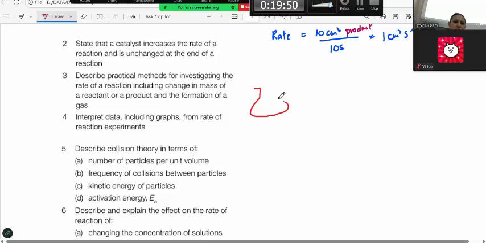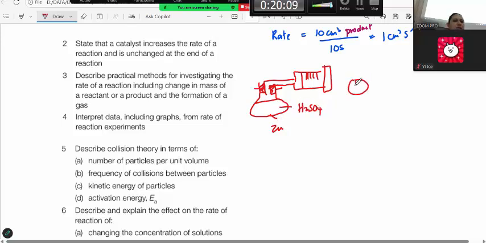Now, if I have the experiment like this one, I put zinc, and here I put sulfuric acid. And then I measure the time taken for a reaction to occur.